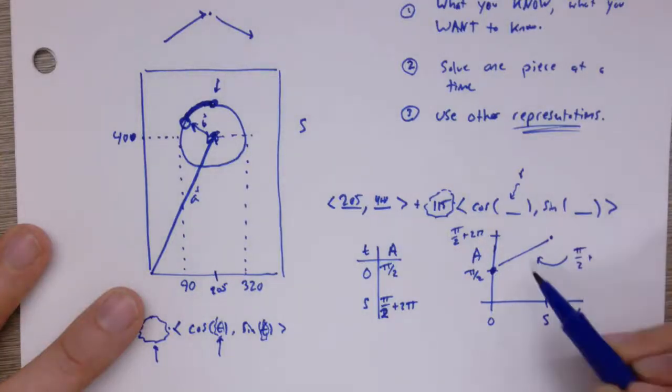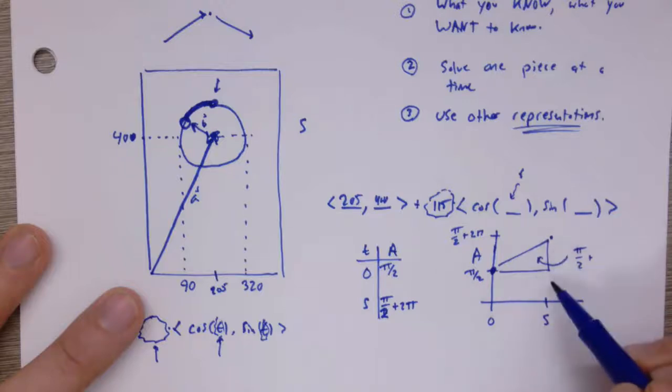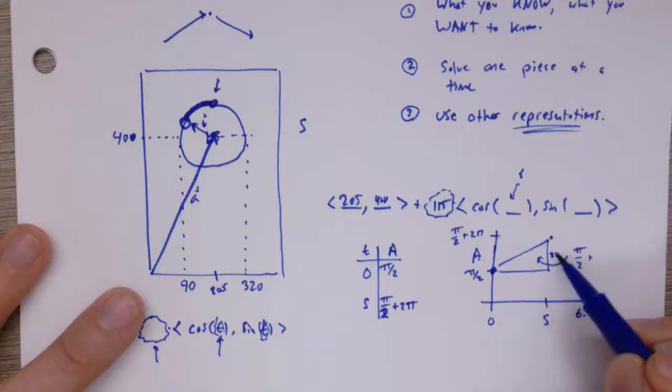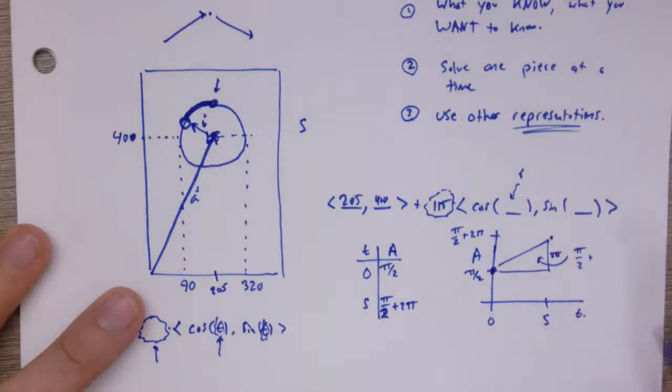The slope is rise over run. So the rise here is from pi over 2 to pi over 2 plus 2 pi. So it's gone up by a total of 2 pi radians. It's gone over by s seconds. So rise over run is going to give us 2 pi over s. And that's the slope. So that's the coefficient for my independent variable t.